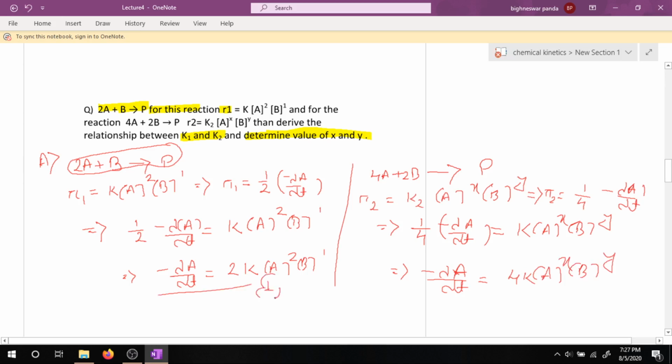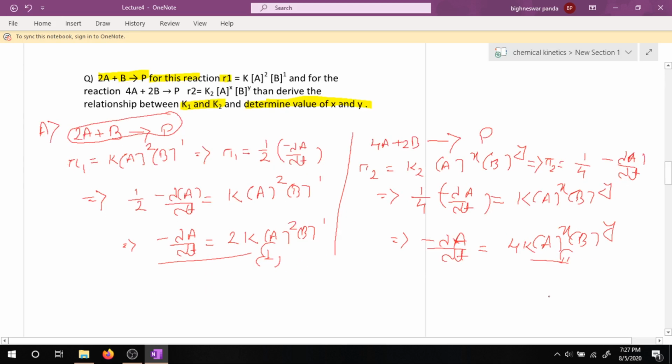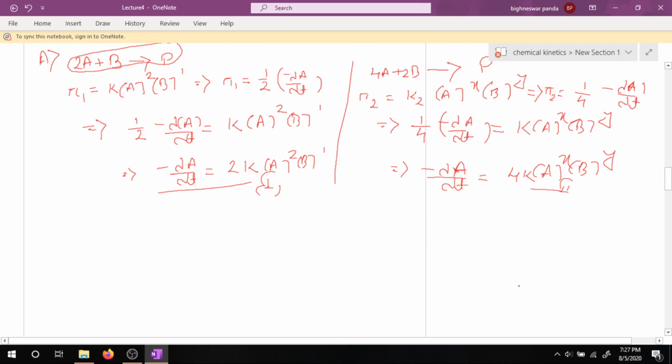Consider this is equation 1 and this is equation 2. So by comparing equation 1 and 2, I can say that 2k A to the power 2 B to the power 1 equal to 4k.